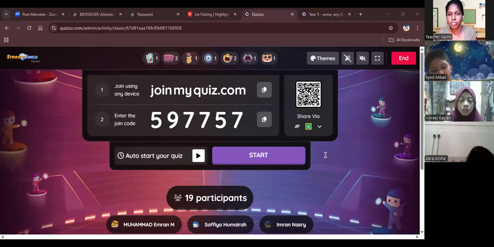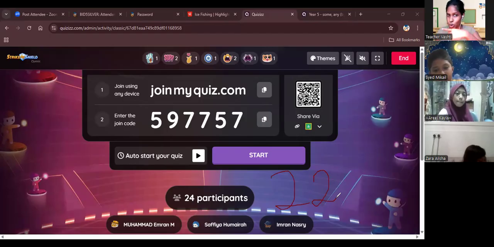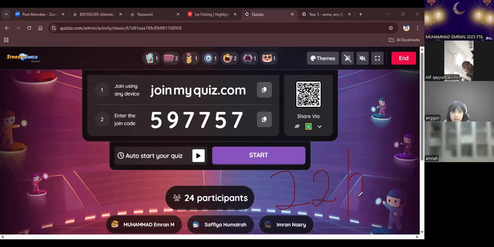Can we set our goal to 22 over 25? Can or not? Goal hari ni adalah 22. Kalau dapat 22, you pass. Kalau dapat less than 22, fail. 22 over 25.